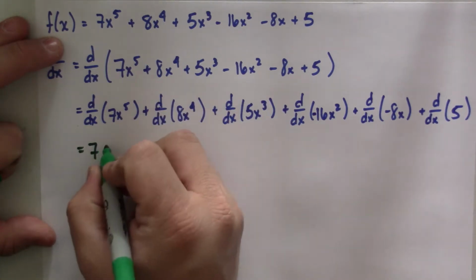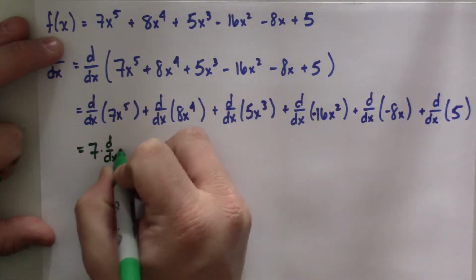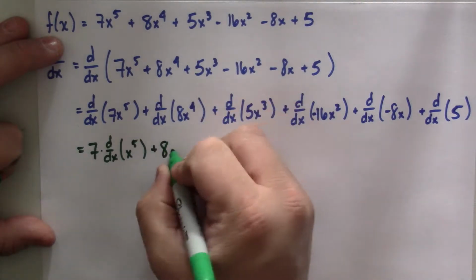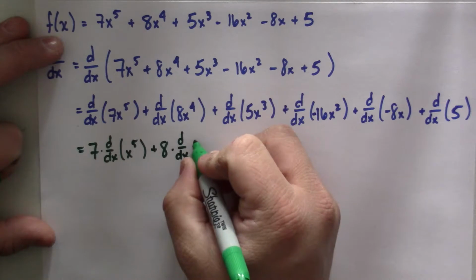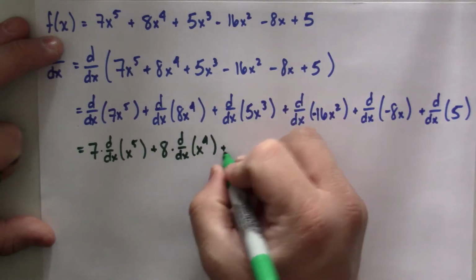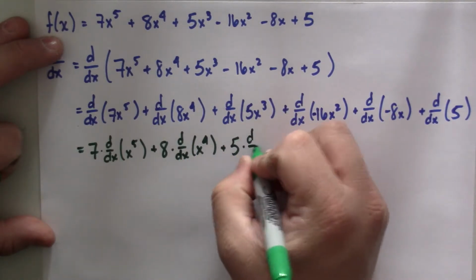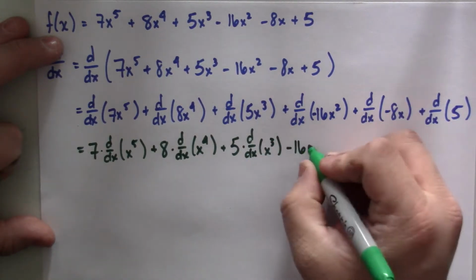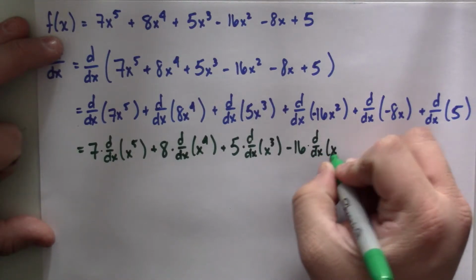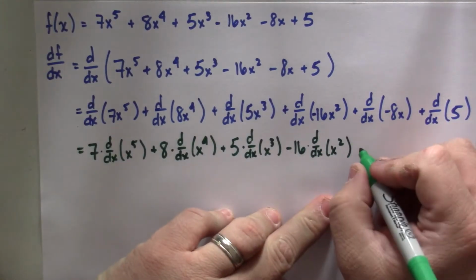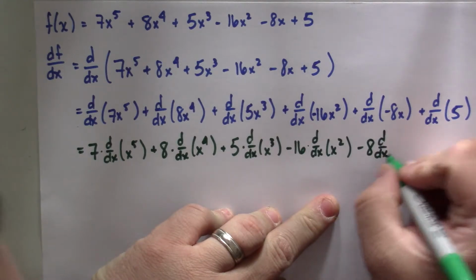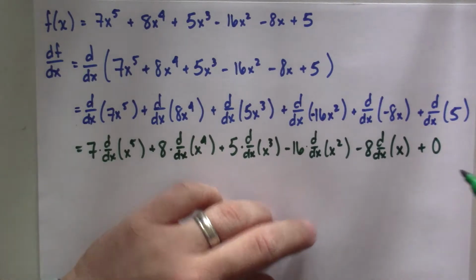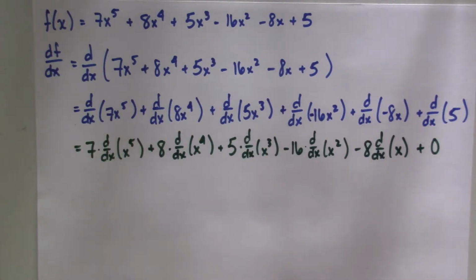That's 7 times the derivative of x to the 5th plus 8 times the derivative of x to the 4th plus 5 times the derivative of x cubed minus 16 times the derivative of x squared minus 8 times the derivative of x, and the derivative of 5 is 0. Constants have a derivative that is 0.